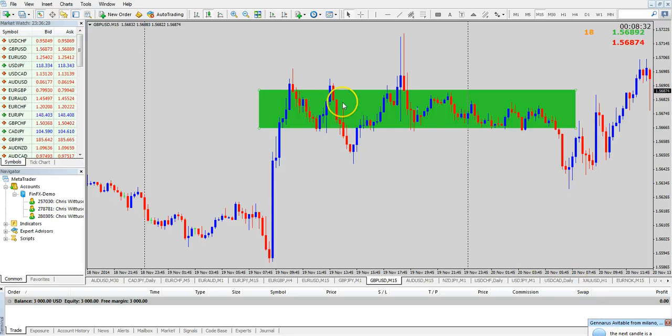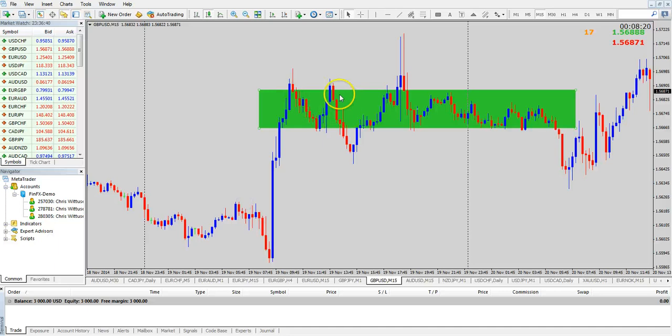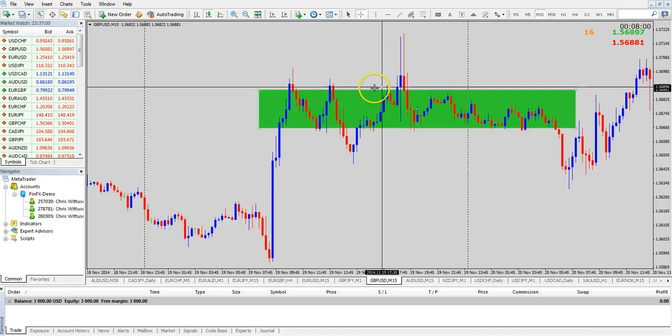Yeah, hanging man. So this is a bearish engulfing candle. So there's a hanging man plus hammer. Exactly. Once you start recognizing candles, you start seeing a clearer pattern. But on these breakouts, there's not a confirmation candle. Remember, your confirmation candle's got to close, right? See what this candle did?